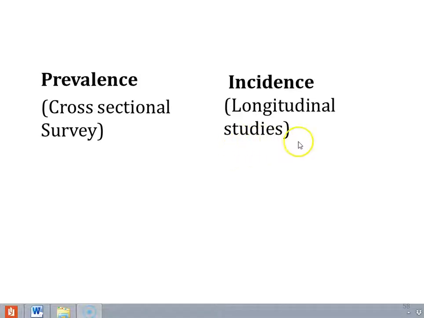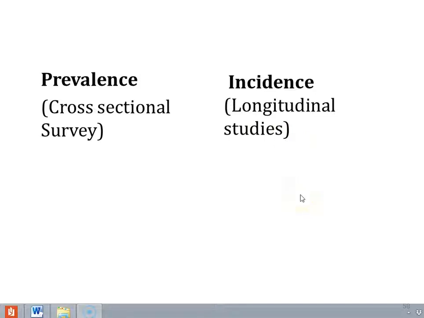So that needs to be proved by your own observation, and that counting of new cases can only be possible with longitudinal studies where people are under your observation.